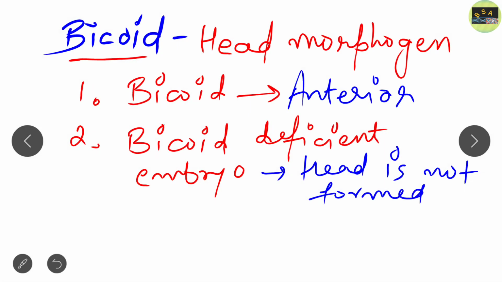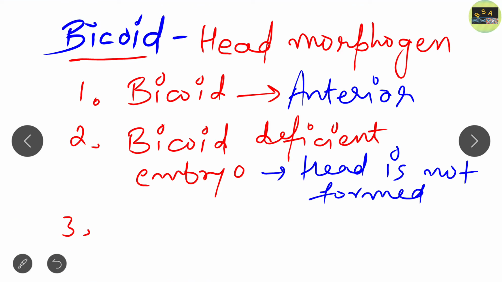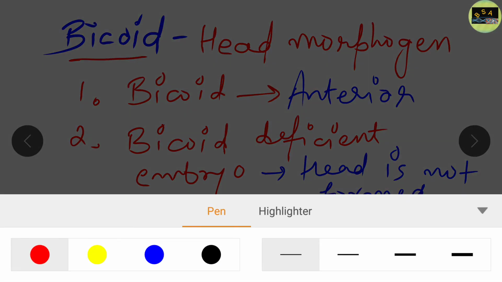And the third important point is that if we add bicoid mRNA to a bicoid deficient embryo in different places, the place where bicoid mRNA is injected becomes head. Suppose this is a bicoid deficient embryo.